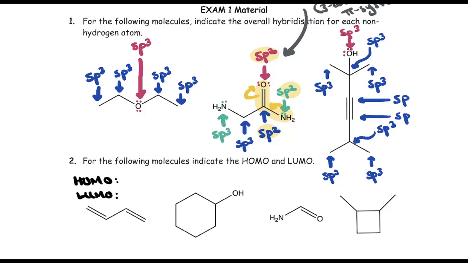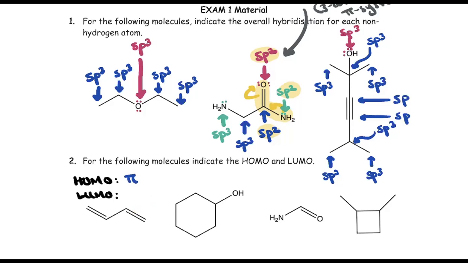But the whole point of this is that for your HOMO, you're going to have these pi electrons. If you were to go and attack something, then it would be this pi bond that would attack. That means that whatever you attack, your electrons will originate from your pi orbital.